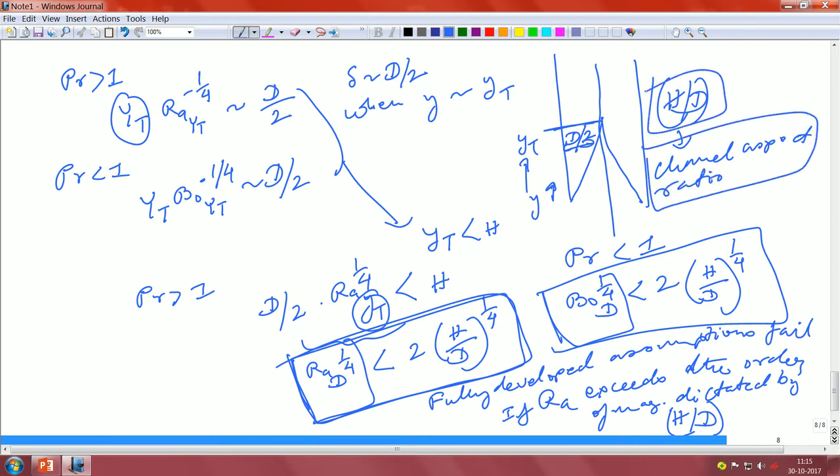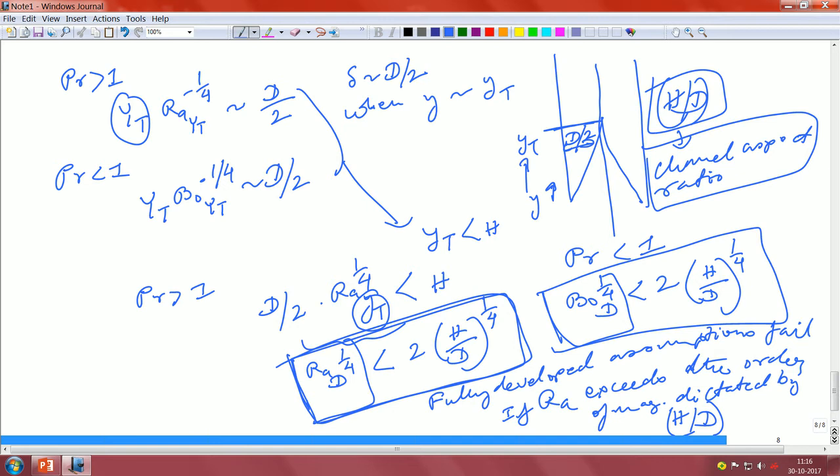Therefore, when you design chimneys, fins and other such things, you have to be sure that the Rayleigh number is such that this is satisfied. We have to keep that in consideration. Very high Rayleigh number can be pretty detrimental for the kind of problems that we are doing here.